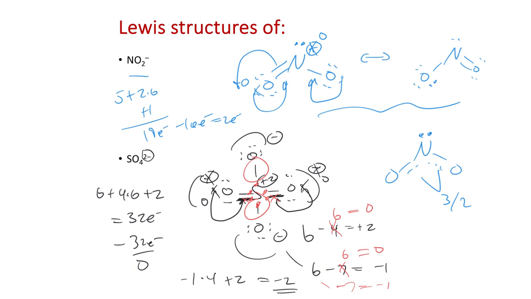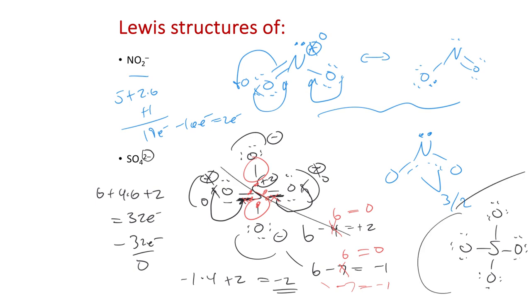So I think that the bigger question would be, for sulfate, regardless if you think this is a better Lewis structure, or if we just resketch this one here, let me quickly resketch this Lewis structure here and say, if we're trying to determine which of these Lewis structures is best for sulfate, I think it's clearly this one here, and it's not this one here.